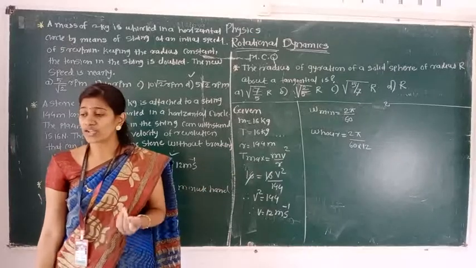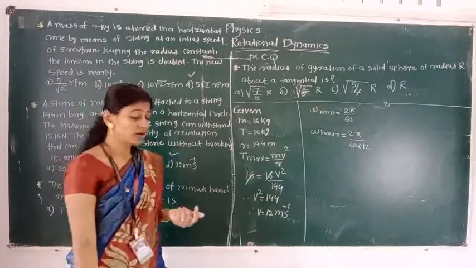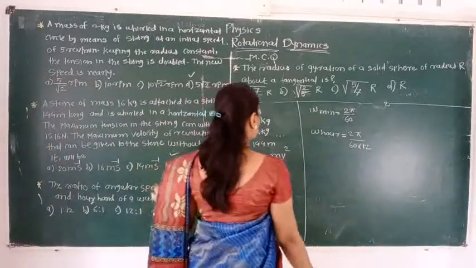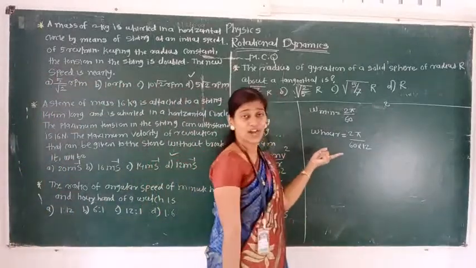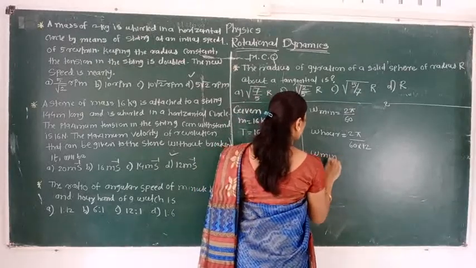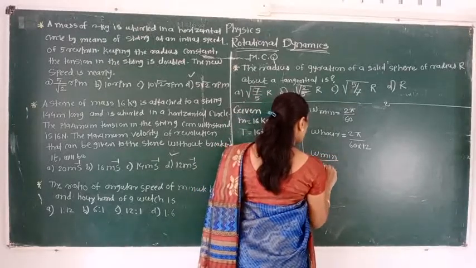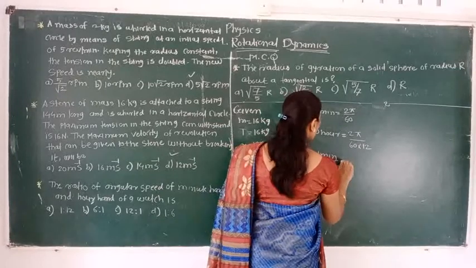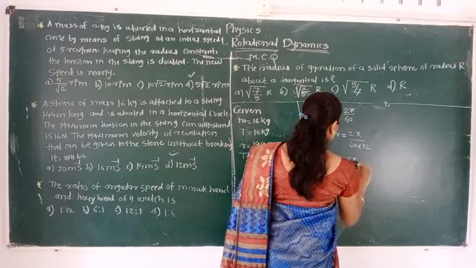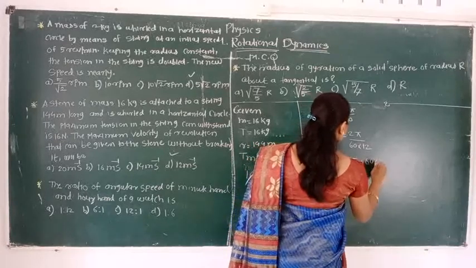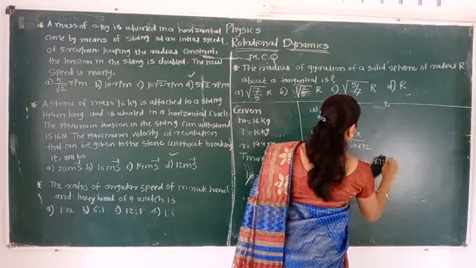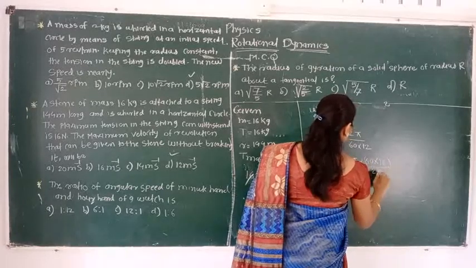Here we have to find the ratio of the angular velocity of the minute hand to the angular velocity of the hour hand. By putting in the values, it is 2 pi divided by 60, divided by 2 pi divided by 60 into 12.